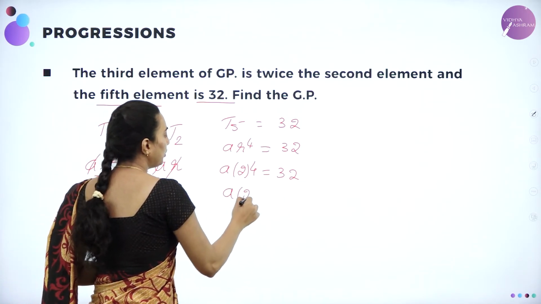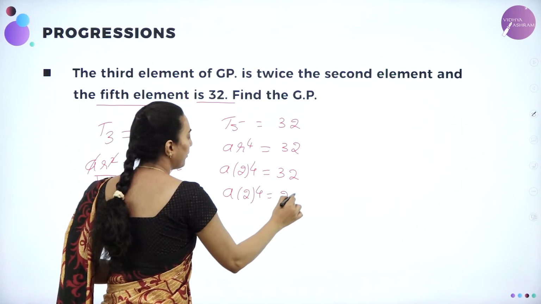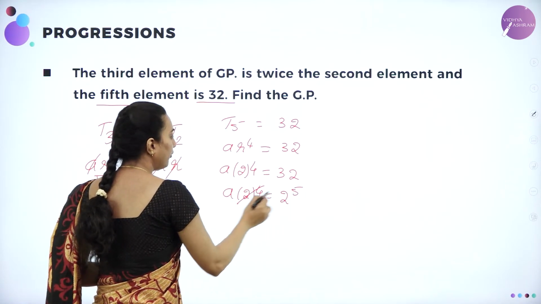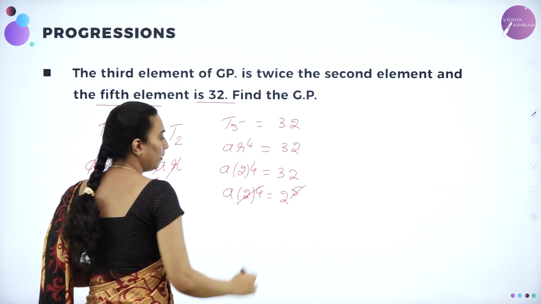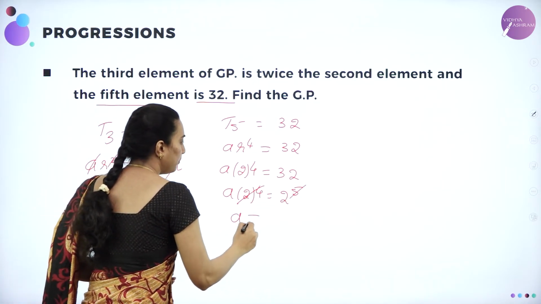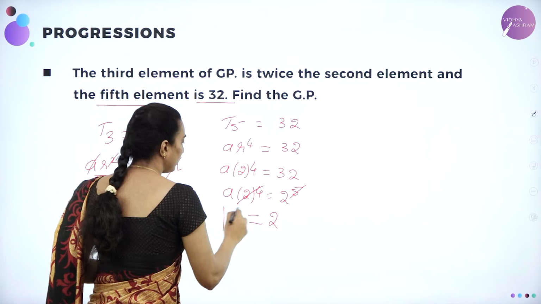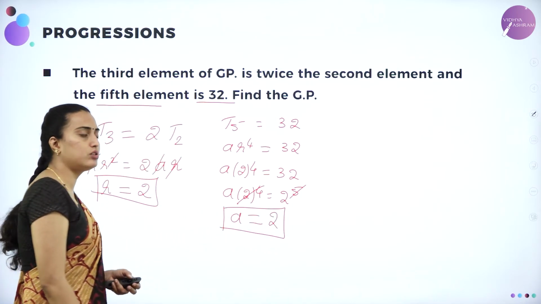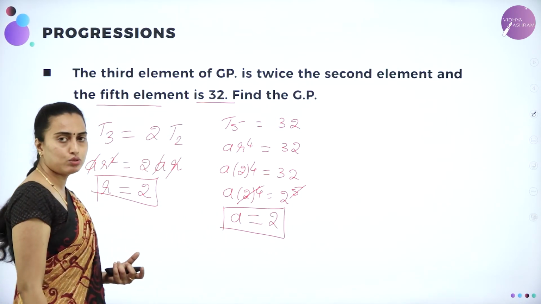So A into 2 to the power of 4 is equal to 2 to the power of 5. Four terms of 2 cancel, so A is equal to 2. Here A is 2 and R is also 2.